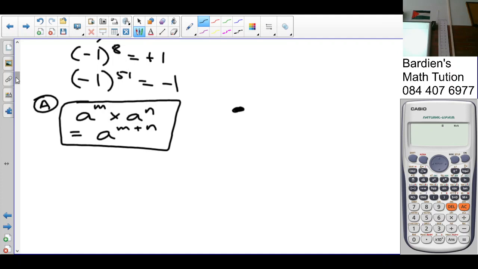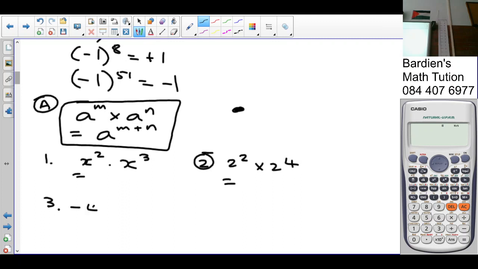So let's look at a few examples pertaining to this rule, this law. We've got x squared times x cubed. Write that answer down. Then for number 2, we've got 2 to the 2 times 2 to the 4. Number 3, you've got negative 4 cubed times negative 4 to the 4.